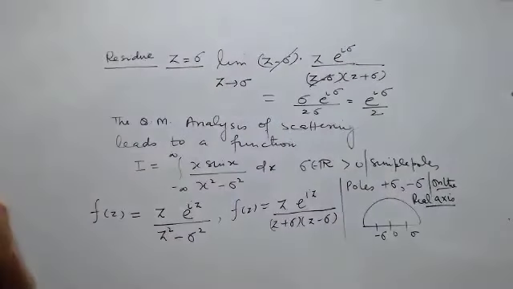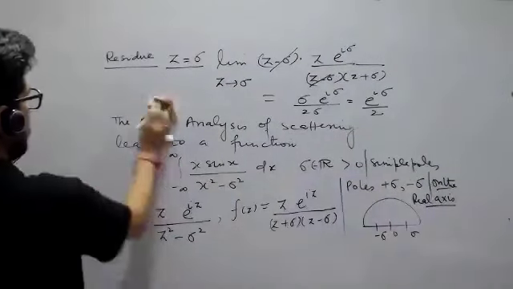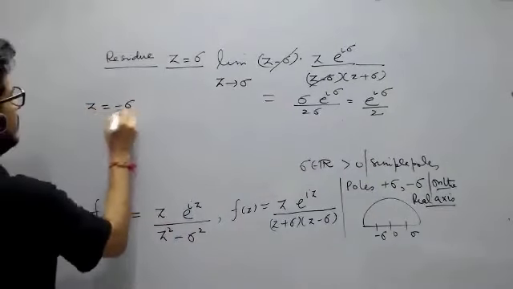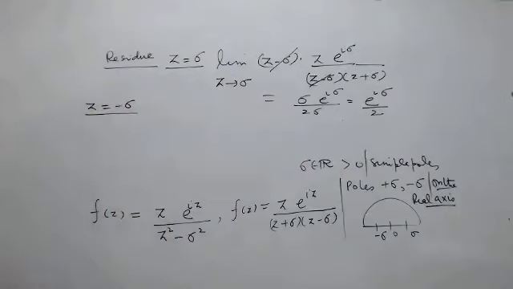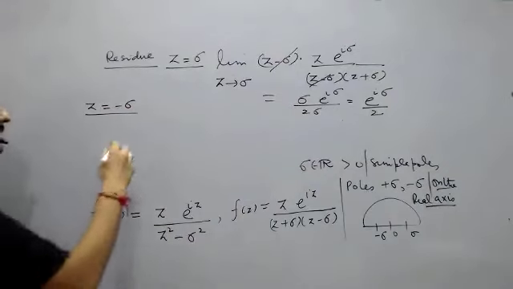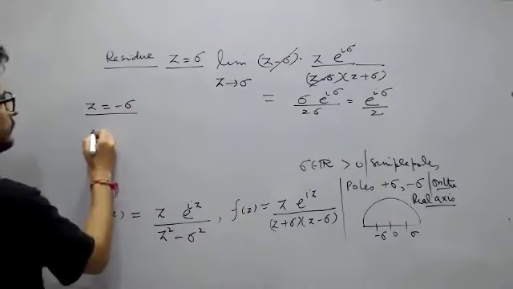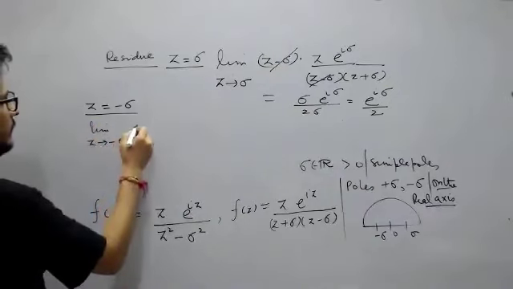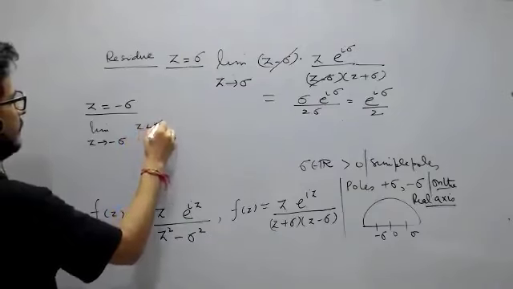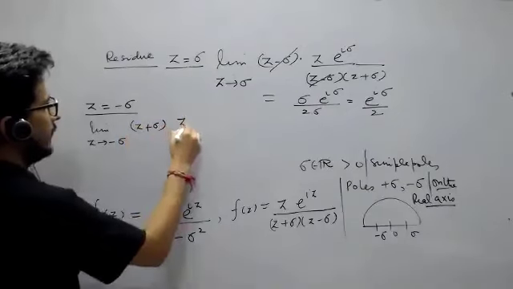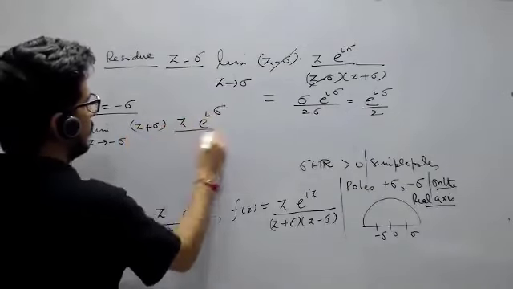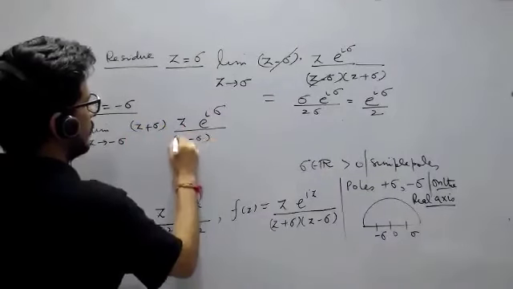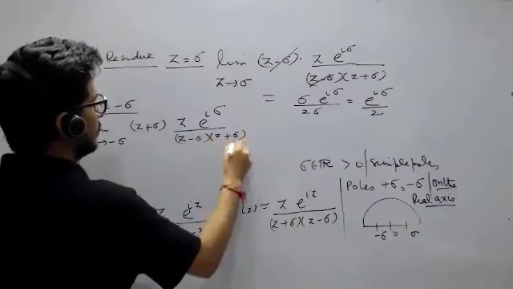Yes. And what about the next one? What about this? z is equal to minus sigma. So we will have to consider the limit z tending towards minus sigma of (z plus sigma) z e to the power iota sigma over (z minus sigma)(z plus sigma).